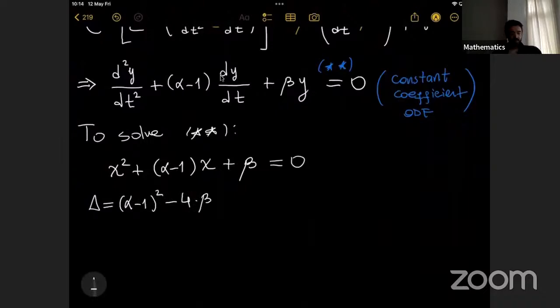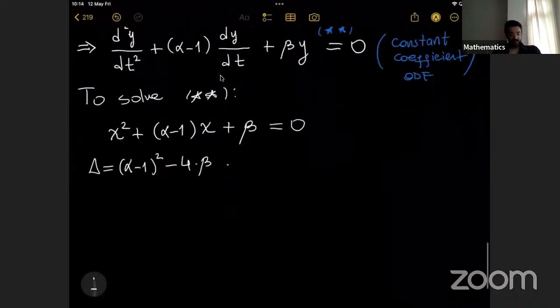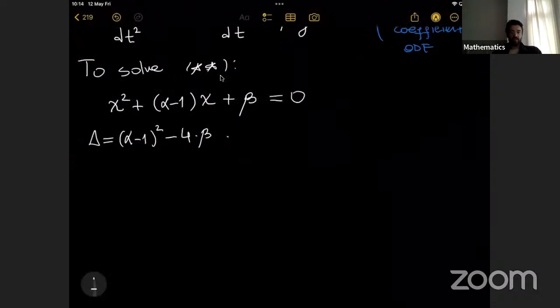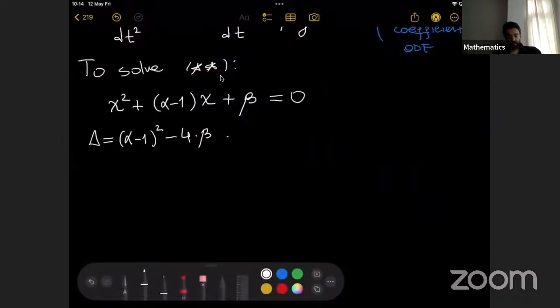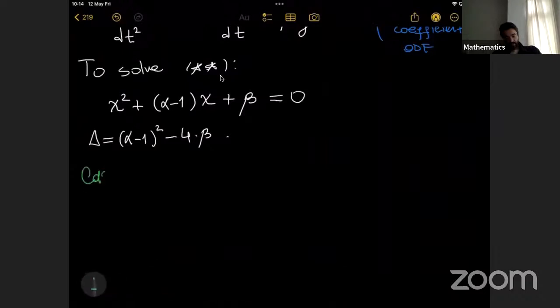So you look at the discriminant, and depending on the discriminant, we may have different sorts of solutions, right? If, for instance, the discriminant is positive, that means you have 2 real roots. In that case, you write the solution. So case 1, let's say delta is positive.